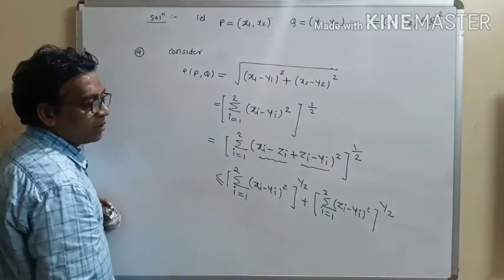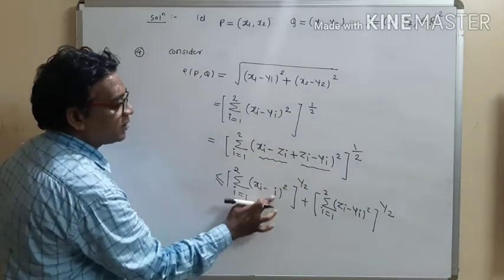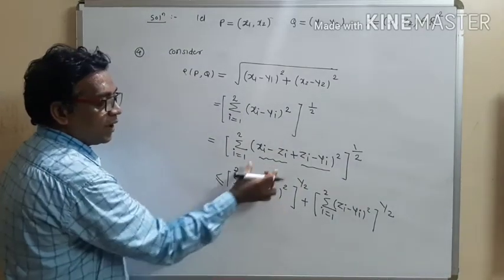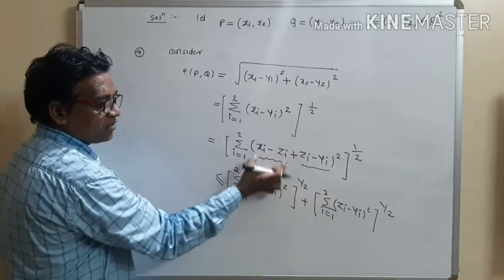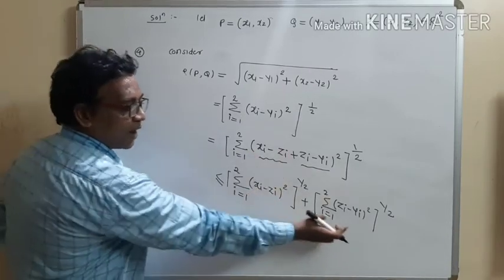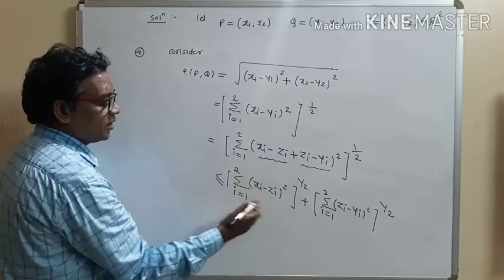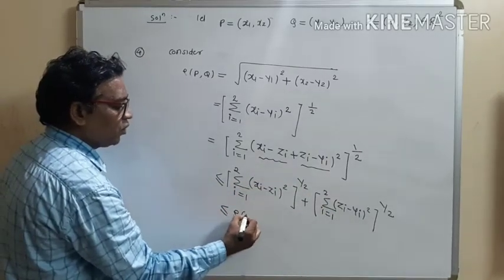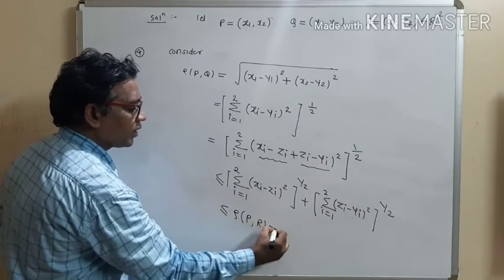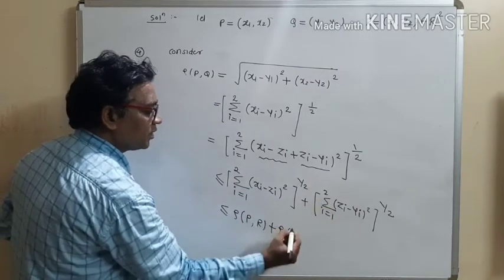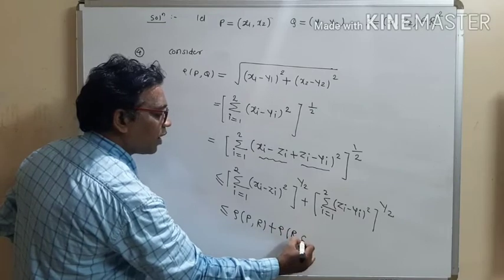The first term is ak and the second term is bk. So what is this term? This is nothing but rho of PR plus rho of RQ.